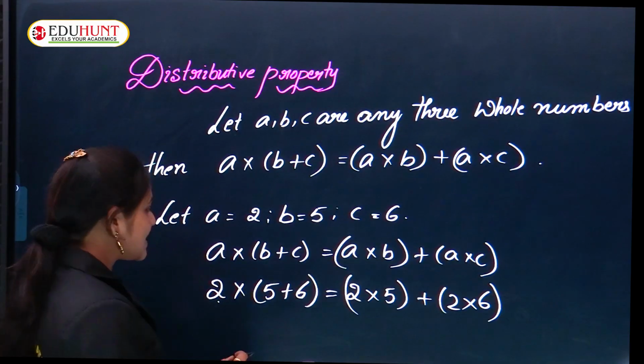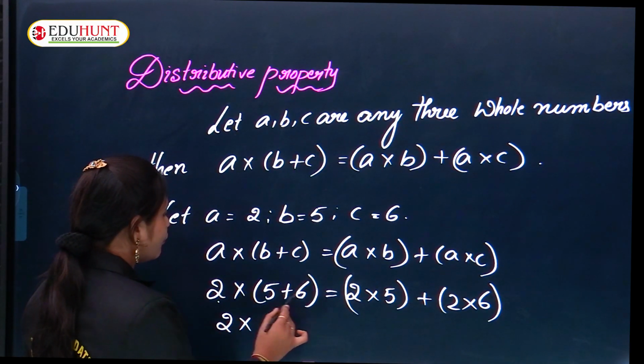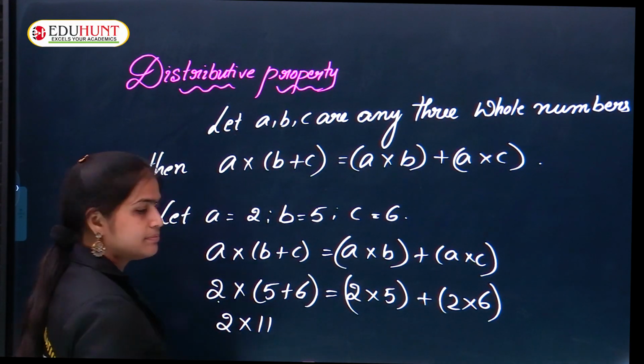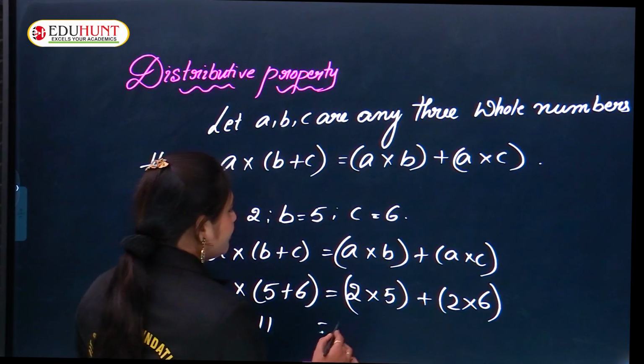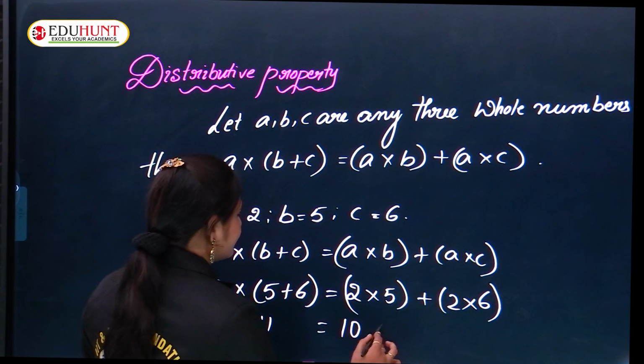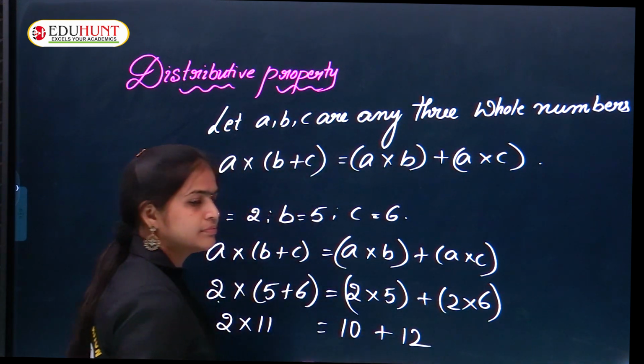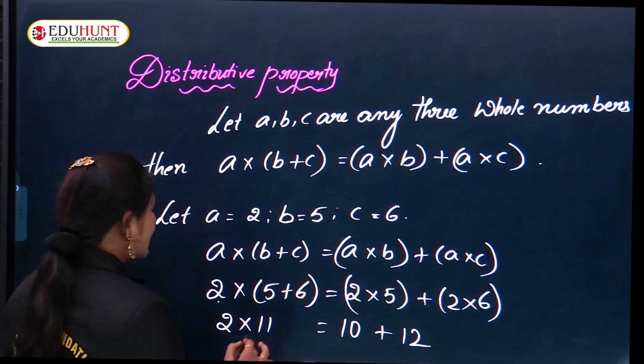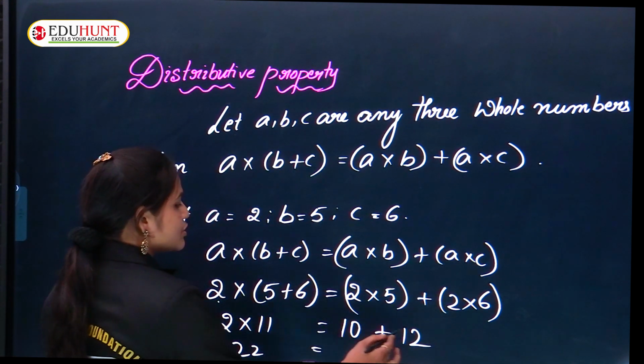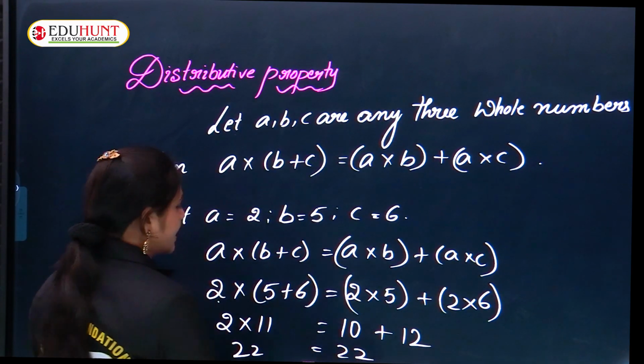Will both sides give the same answer or not? See here, 2 into 5 plus 6 is 2 into 11. In the same way, 2 fives are 10, and 2 sixes are 12. Now 2 elevens are 22, which is equal to 10 plus 12, which is also 22 only, no?